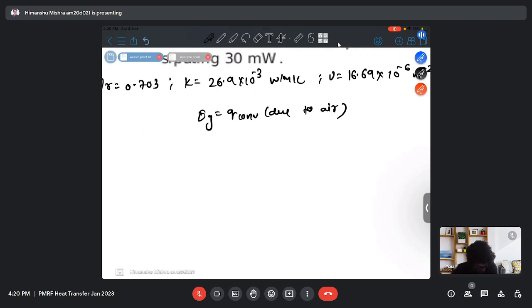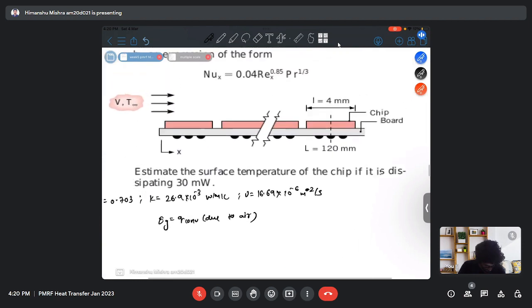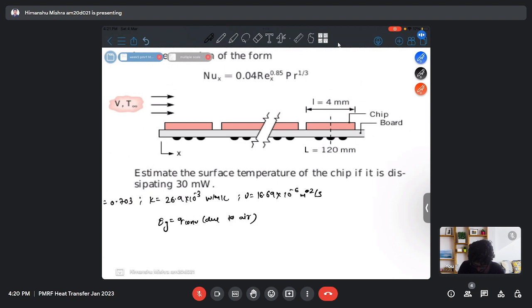So from Newton's... Isn't it a constant surface heat flux situation? No, so there is a heat generation within the chip. So whatever heat generation is there, it is removed by the flow of air at the surface.